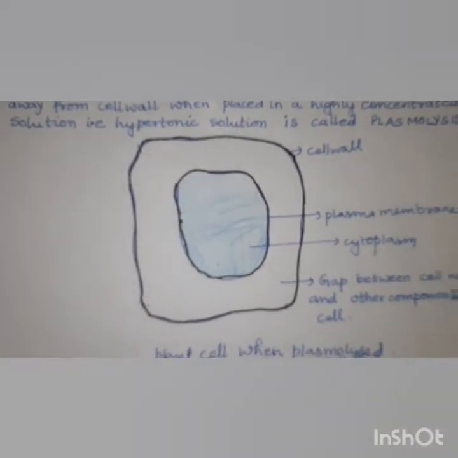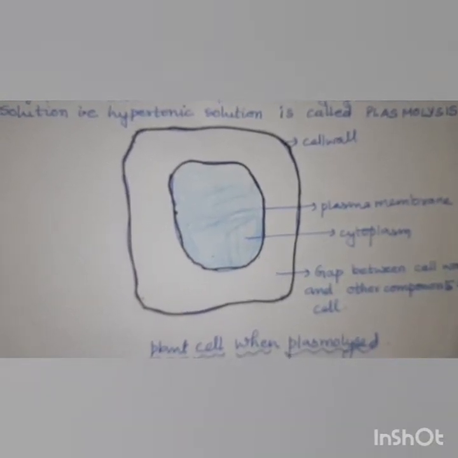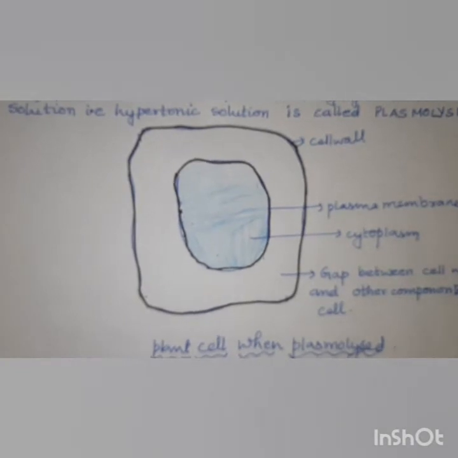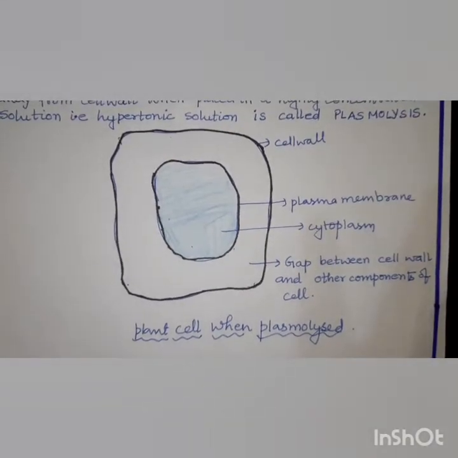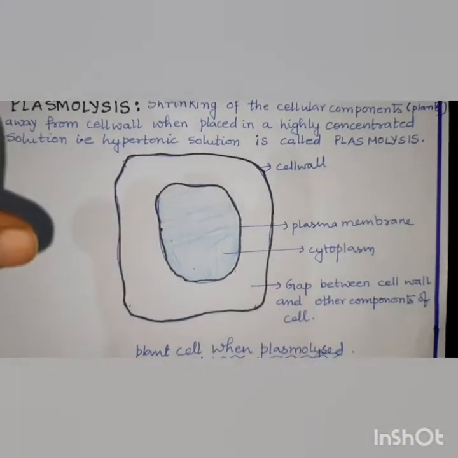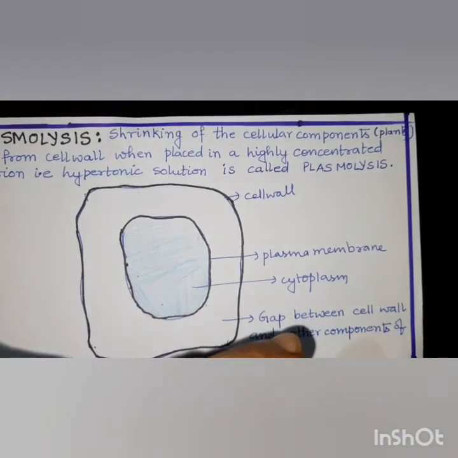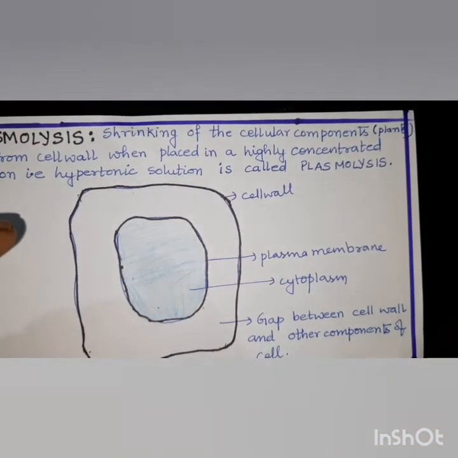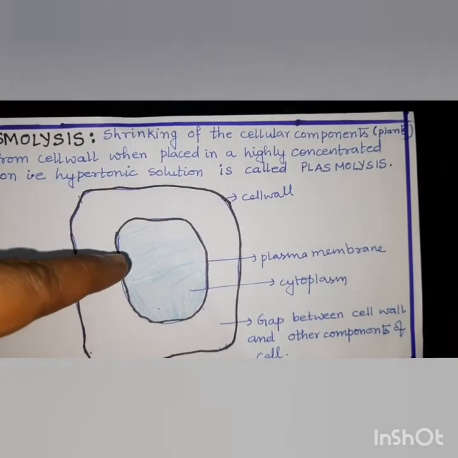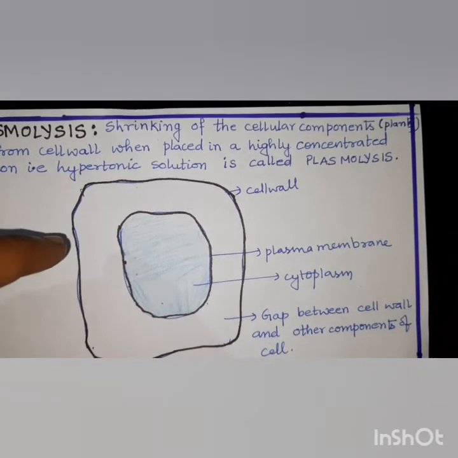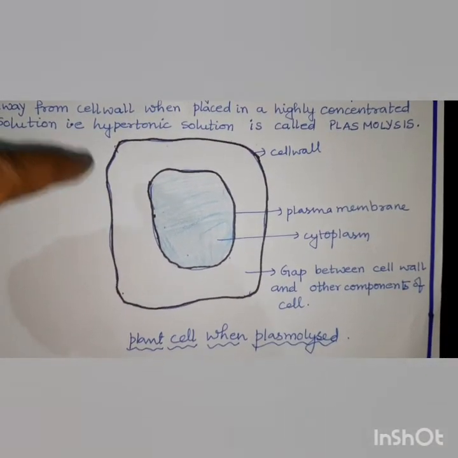This is the cell which has undergone plasmolysis after it has been put in a hypertonic solution. The cell wall is at its place, whereas the plasma membrane and the cytoplasm have gone towards the center of the cell, leaving a gap. You can see this gap between the plasma membrane and the cell wall.